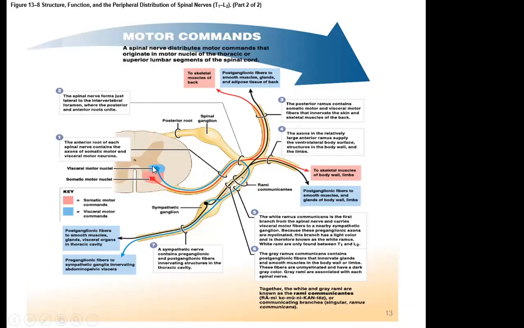So you need to write in the VM and the SM. Now what I want you to do is put the VM in that lateral horn that we drew in separately. So the VM needs to go in the lateral horn, and then the SM needs to go into the anterior horn. Okay, so VM is in the lateral horn, SM is in the anterior horn.